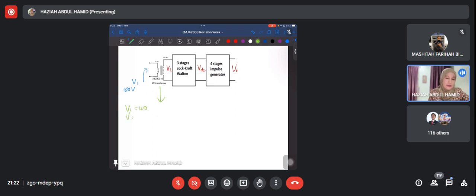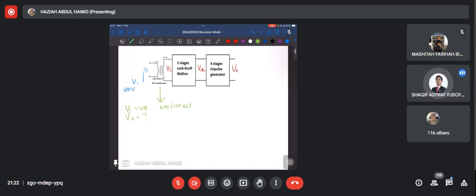What is my V2? Given that my transformer ratio is 200 to 100 kV. Apa V2? Kita nak cari V2.